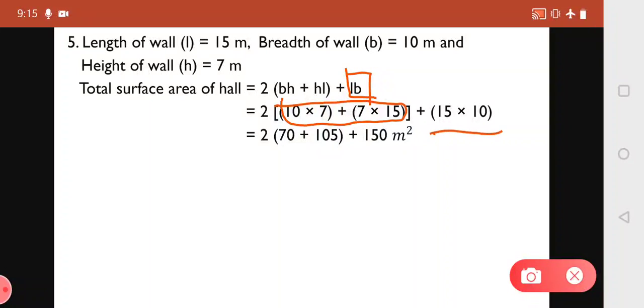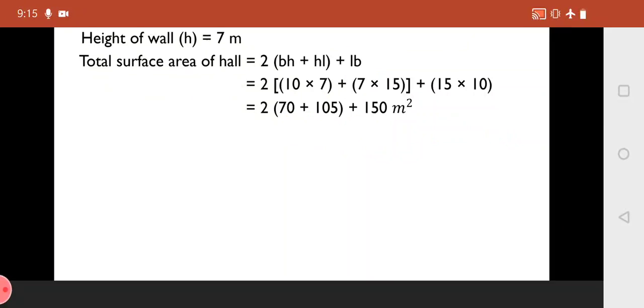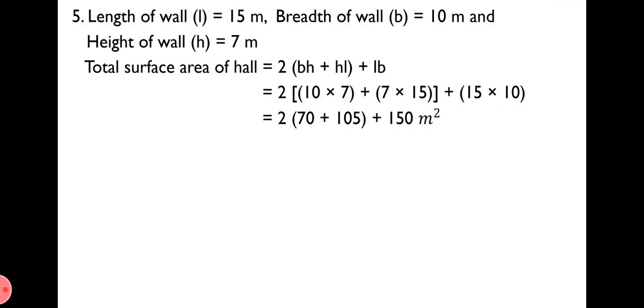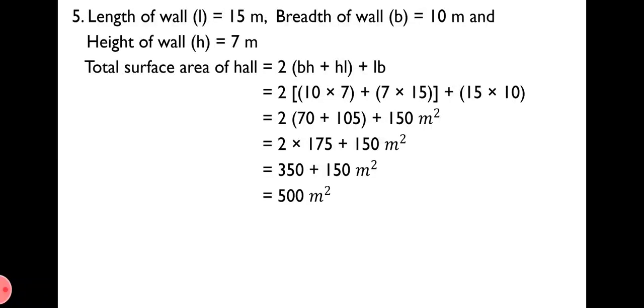So we get twice 70 plus 105 plus 150 meter square, that is twice into 175 plus 150 meter square, that is 350 plus 150 meter square, that is equal to 500 meter square. So the TSA of the hall, excluding the bottom floor part, is 500 meter square.